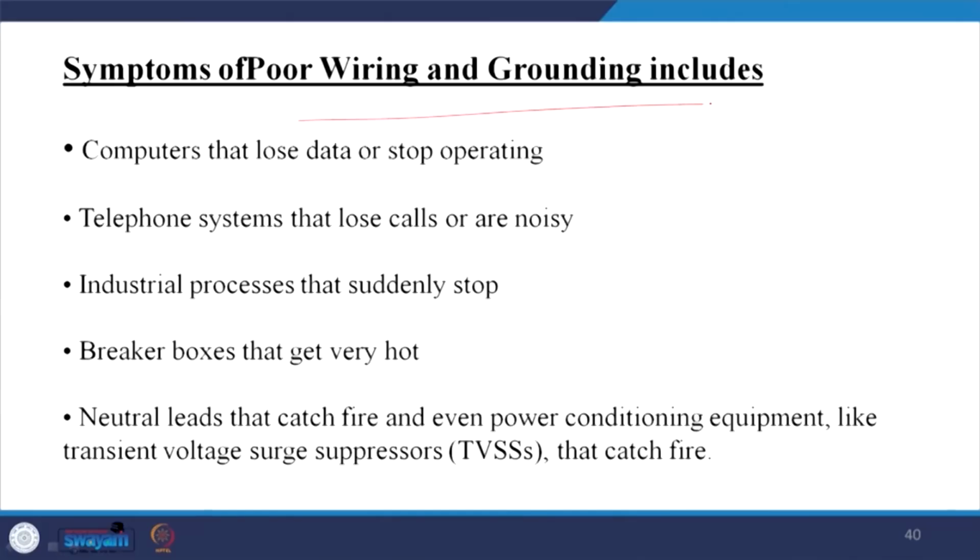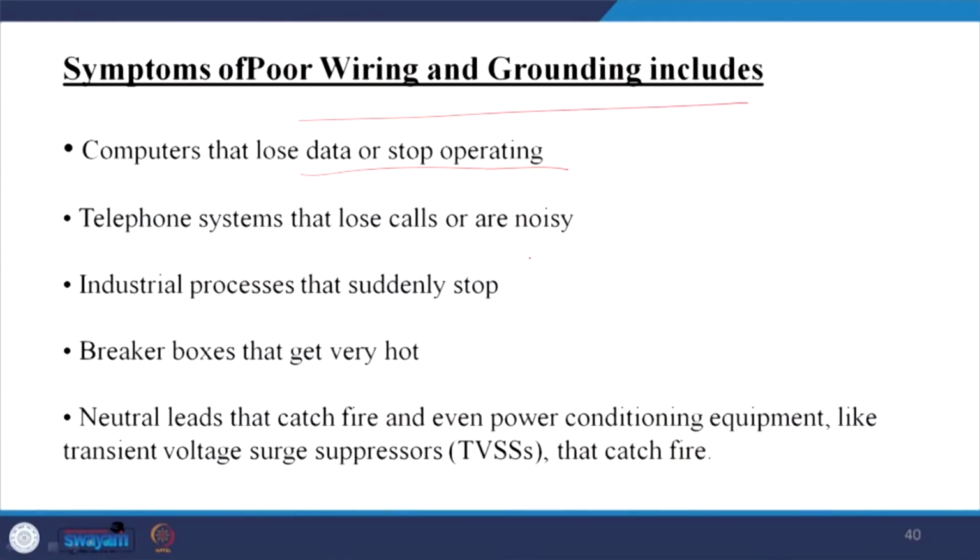Symptoms of poor power quality grounding include computers that lose data and stop operating. Sometimes, due to a poor grounding problem, your chassis has not been grounded and gets a high potential, a capacitive effect comes, and your processors are loaded unnecessarily with capacitive current, which gives you heat.